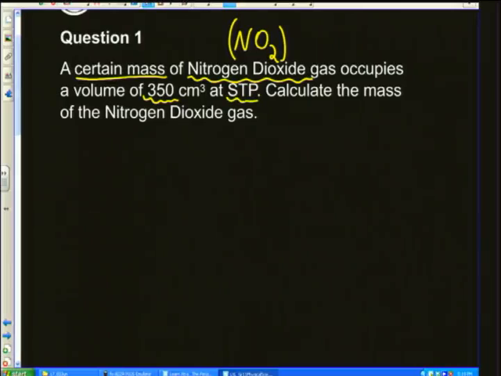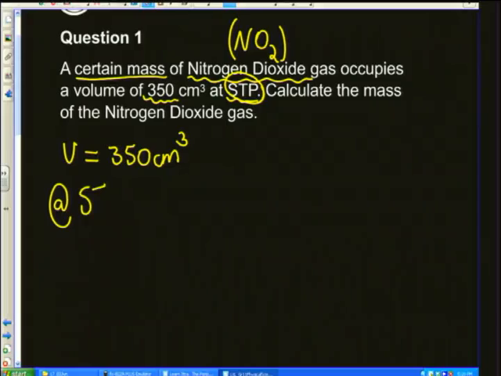Calculate the mass of the nitrogen dioxide gas that is present there. Now we are given the volume that is occupied by the gas. We are also given the type of the gas. We are also told that this gas is at STP.